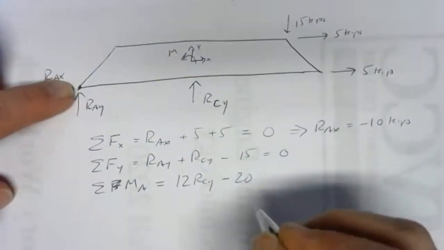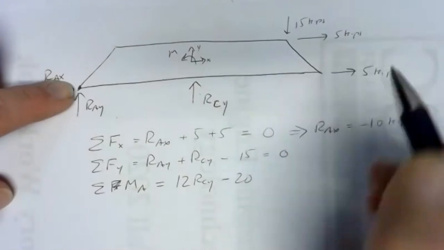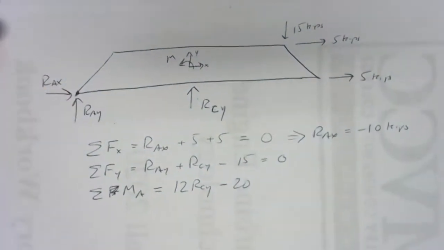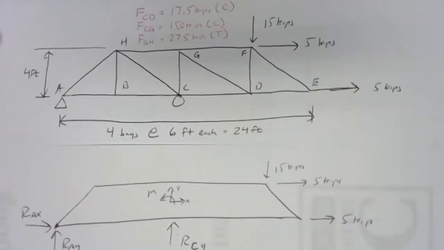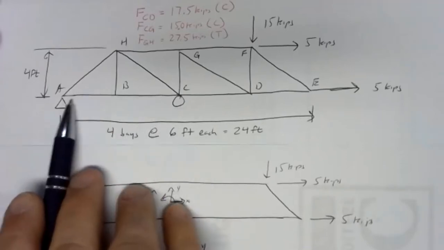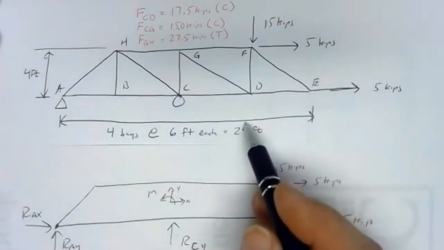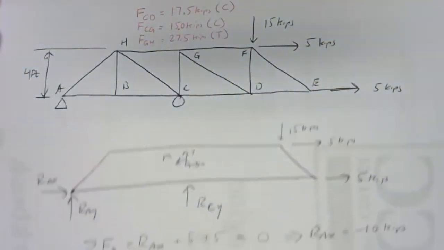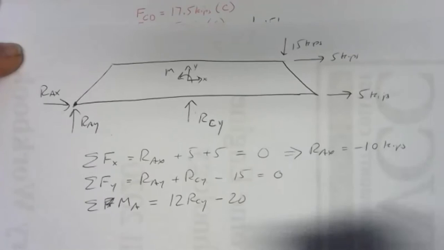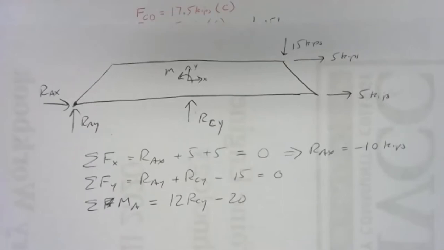Clockwise moments are negative. And then we've got this 15 kip force. According to the drawing, each bay is 6 feet. So we are 6, 12, 18 feet away. The line of action for that 15 kip force is 18 feet away. So we have 18 times 15, which is 270.